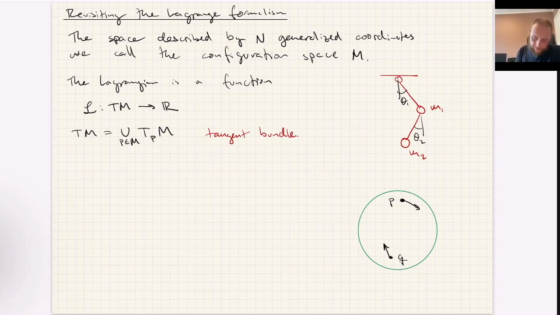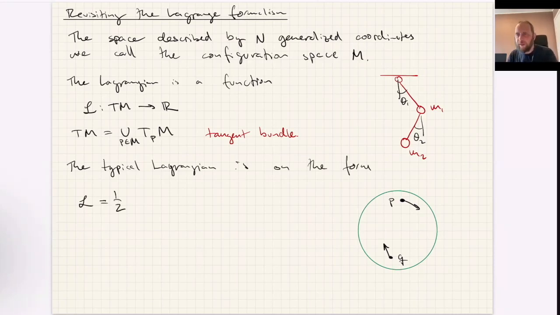Okay, the typical Lagrangian is of the following form: L is equal to T minus V, where V is the potential and T is the kinetic energy, which is a function of velocity.